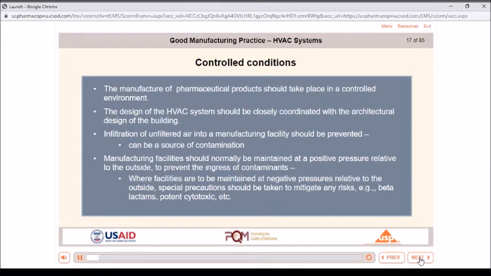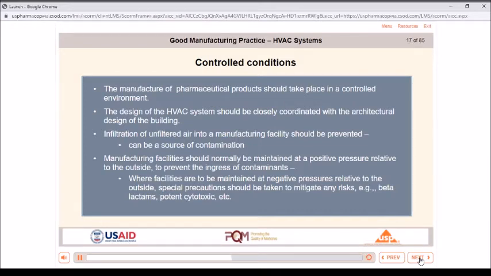Controlled conditions. The manufacture of pharmaceutical products should take place in a controlled environment. The design of the HVAC system should be closely coordinated with the architectural design of the building. Infiltration of unfiltered air into a manufacturing facility should be prevented, as it can be a source of contamination.